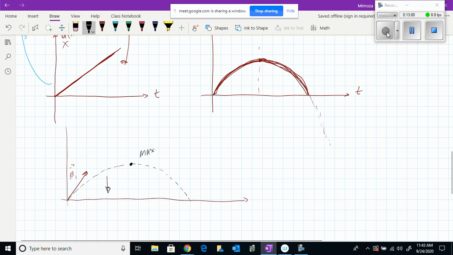And at any point during the motion, the acceleration is always going down, equal to the acceleration due to gravity. That is at the moment that you are throwing it, in between, at the maximum, or when you are hitting the ground. Acceleration is not changing. It is equal to the acceleration due to gravity. And since we are dealing with the surface of the Earth, it will be 9.81 meters per second squared.